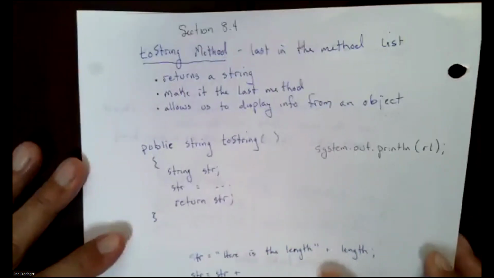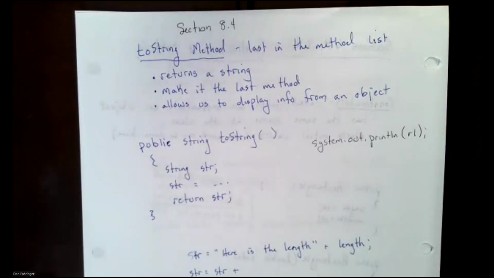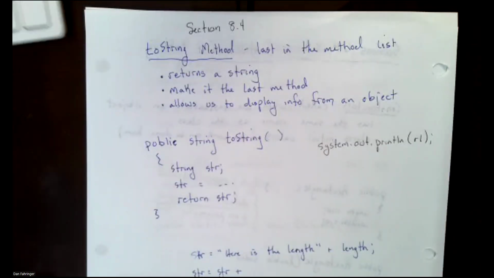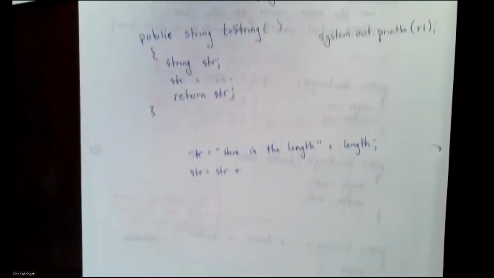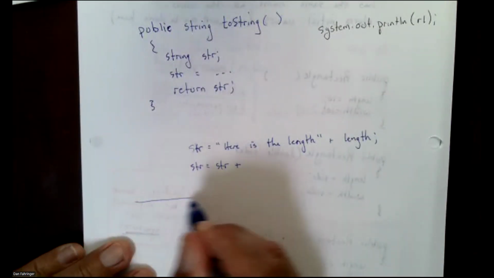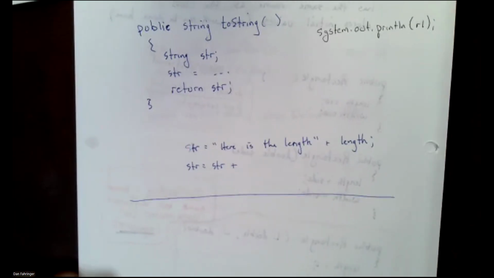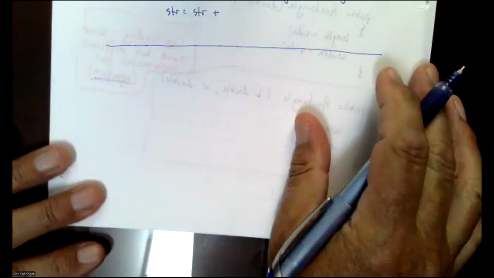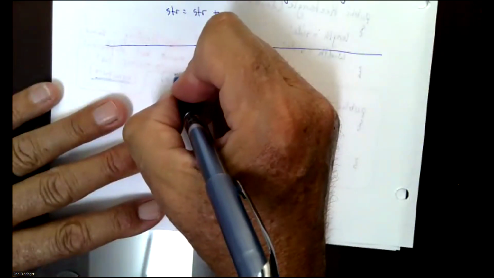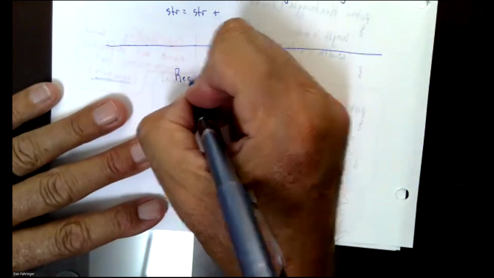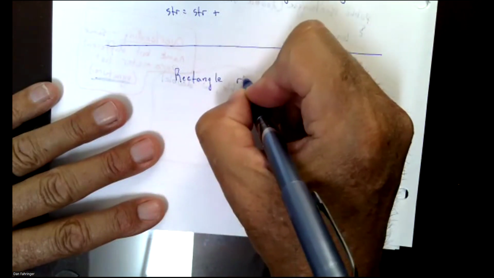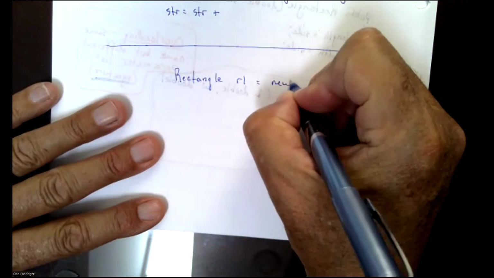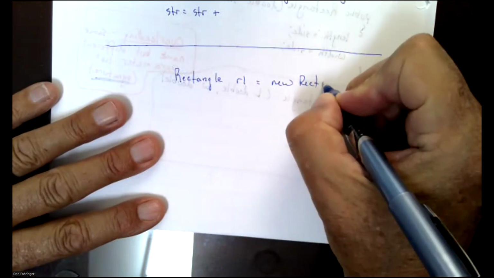Now I'm going to jump to this section 8.4. I'm going to pause the recording because I wanted to do something. Okay. Say I created a rectangle, R1 equals new Rectangle.